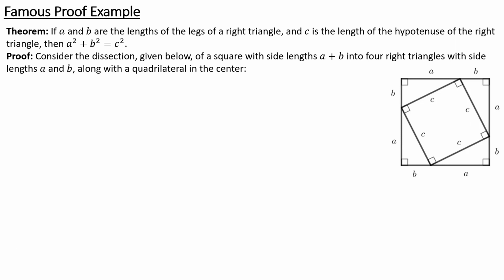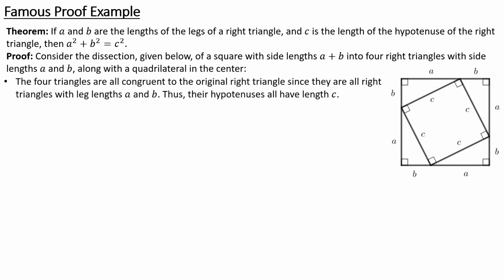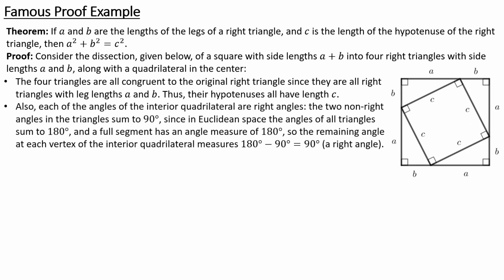And so first, we consider that dissection, and then we have 4 triangles that are all congruent to the original right triangle, since they are all right triangles with leg lengths a and b, and all of them have the same hypotenuse of c. Then, this is how we go about proving this.